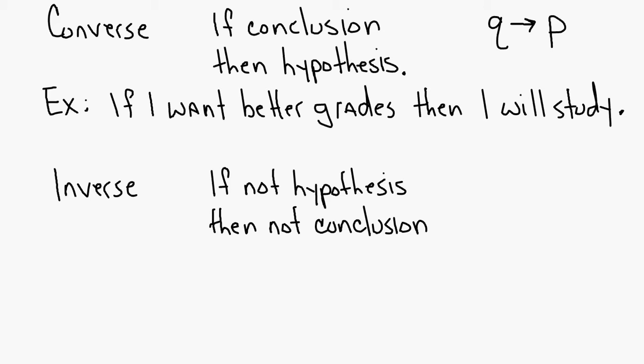Another way of saying that is you negate the original hypothesis and conclusion. The symbol looks like squiggly line P, arrow, squiggly line Q. And you read that symbol as if not P, then not Q.